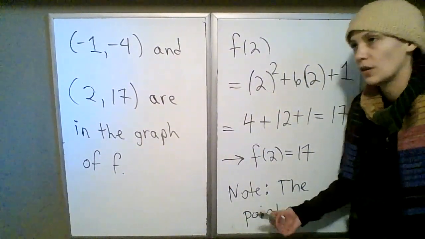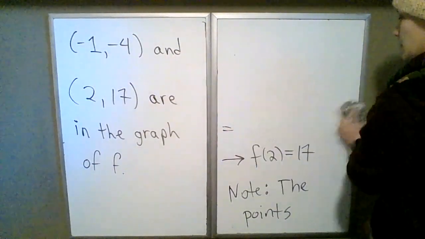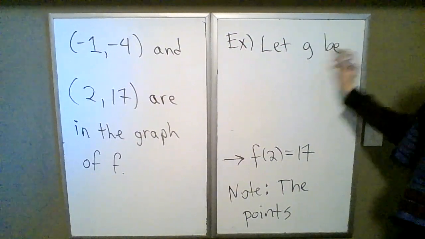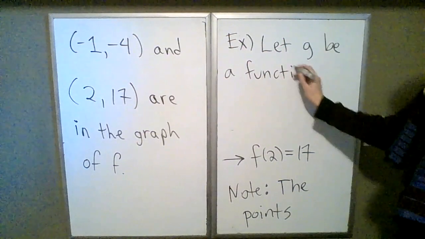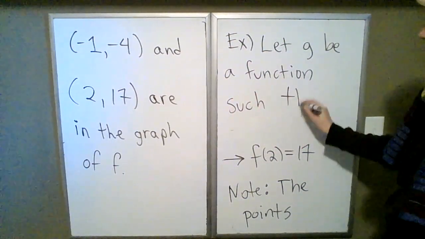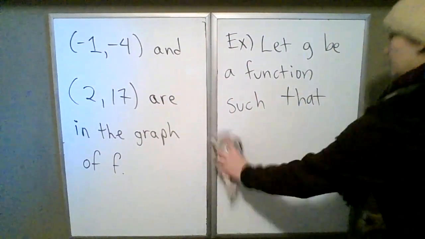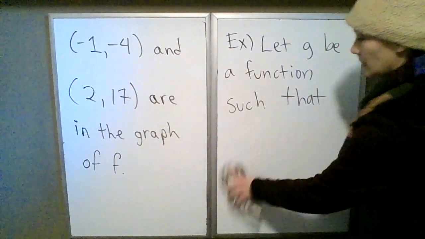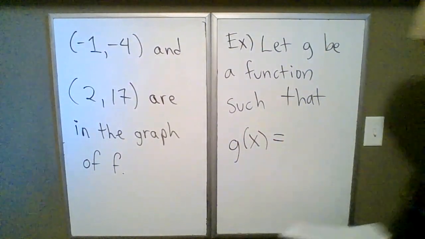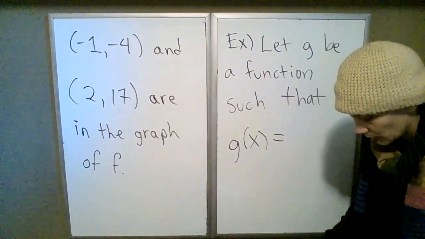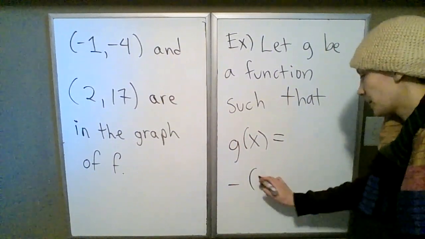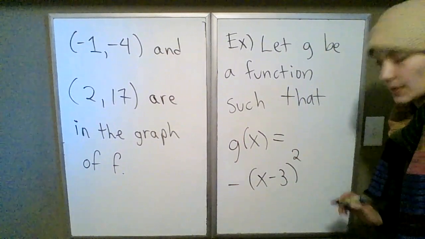Okay, one more function. We're going to call this function g, such that g of x is negative of (x minus 3) squared plus 1.